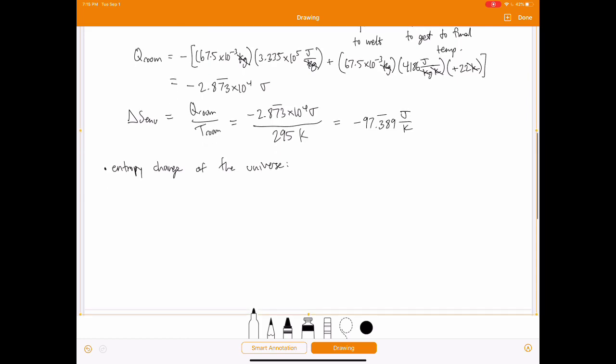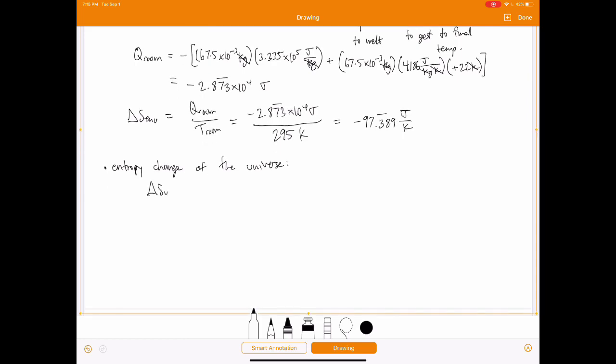So for the universe as a whole, delta S is the entropy change of the system plus the entropy change of the environment, which again, the system is the ice cube and the environment is the room in this problem. And so we had 106.266 rounded to the first decimal place, joules per Kelvin for delta S system.